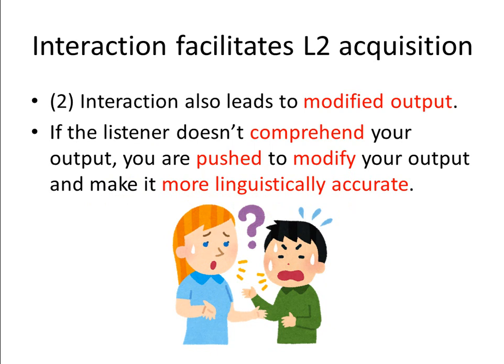So when there is interaction, this kind of thing can happen, and if you try to modify your output and make it more linguistically accurate, then your second language acquisition is promoted.